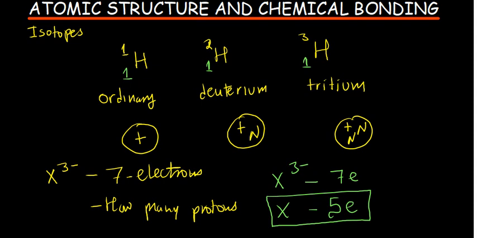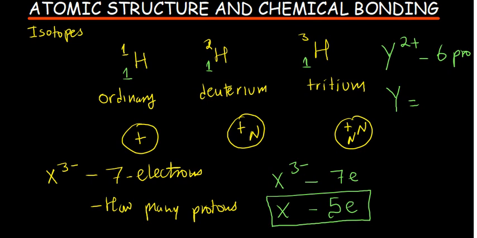Okay, let's say we've been given Y 2 plus, and this one has 6 protons. Now the question is, how many electrons does this one have if it has 6 protons? Well, the first thing is, let's find out how many protons are going to be in Y without a charge.